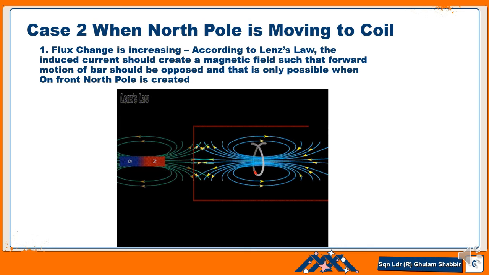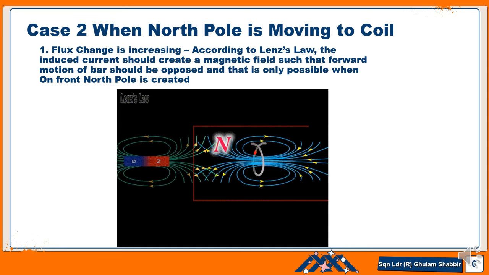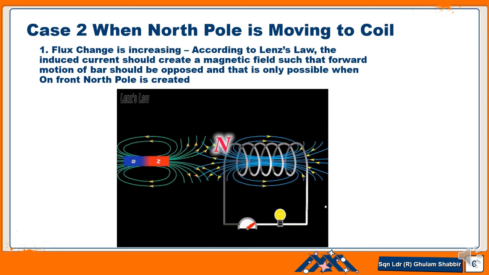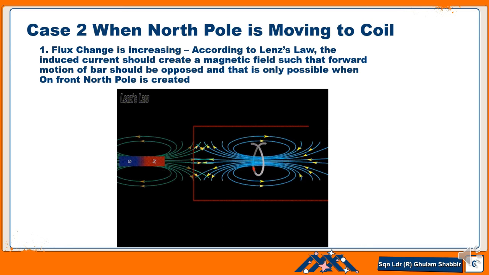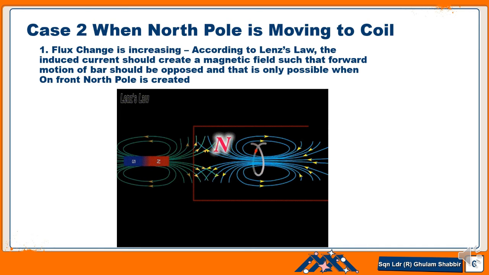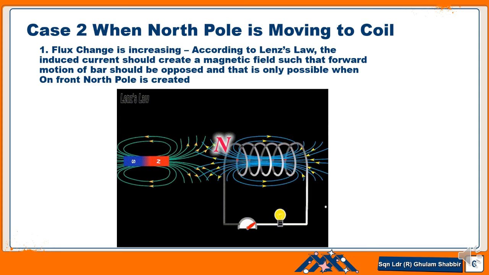So the current induced in the coil should be in such a way that a north pole is created on the front. According to the right hand grip rule, our thumb is always towards the north pole, so the current in the coil will be in the anti-clockwise direction. In this way we can find the direction of the current in the coil.